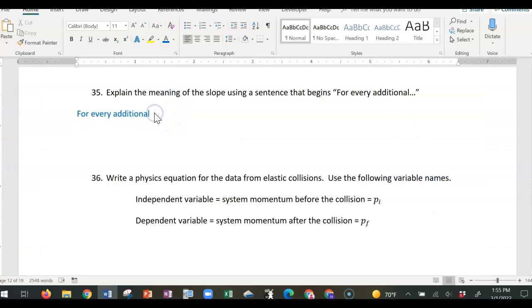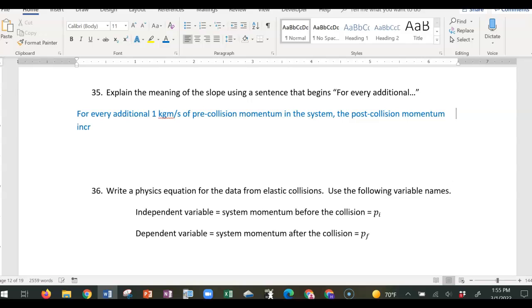So for every additional 1 kilogram meter per second of pre-collision momentum in the system, the post-collision momentum increased by 0.998 kilogram meter per second.